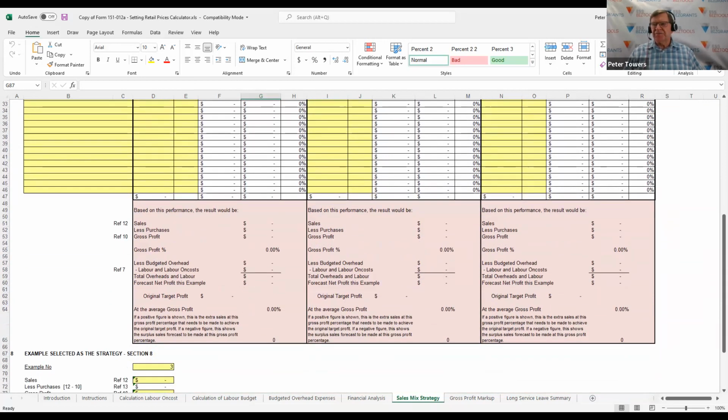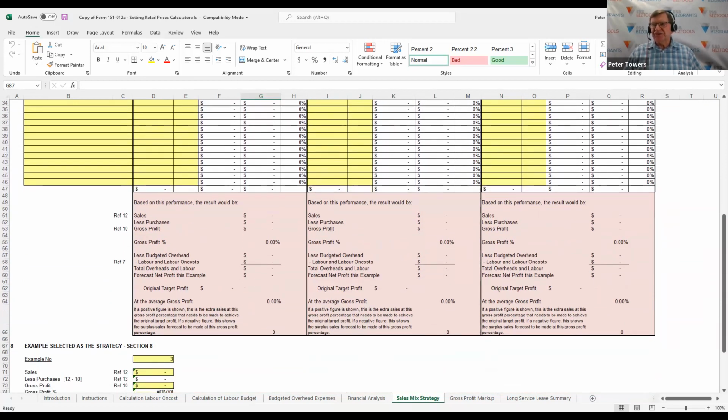And then down the bottom here in the summary, we're going to have the same overall summary as what we've got here, only there's going to be a different sales figure, different purchases, different gross profit. And it's then going to tell us what the profitability might be. So you might have been showing here a profitability of only $20,000. We might have now changed it to $80,000. So the system tells us how much more we've got to sell at that gross profit percentage.